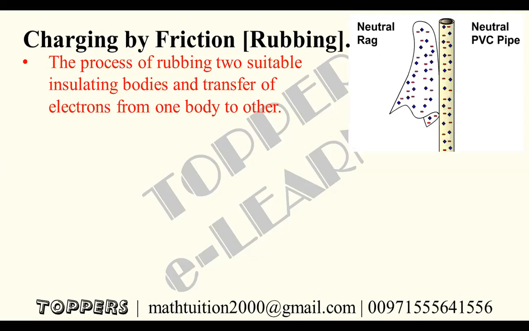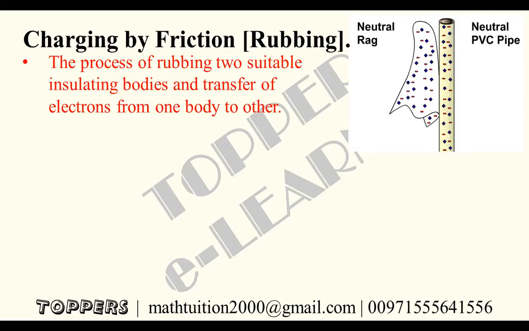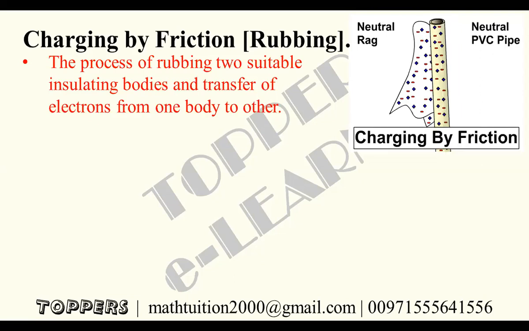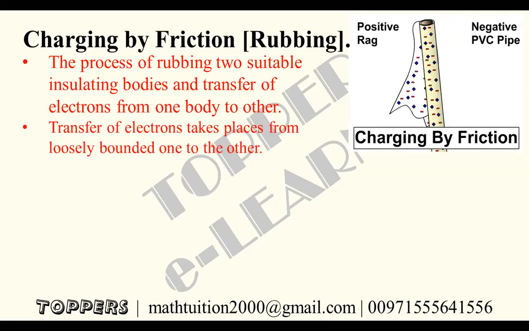But when you take two suitable insulators and rub them against each other, the electrons from the loosely bound body will be transferred to the other, and it will be charged by friction. That means by rubbing. So transfer of electrons takes place from the loosely bound one to the other body.